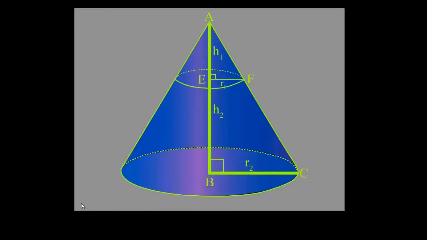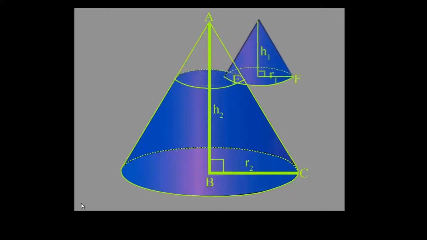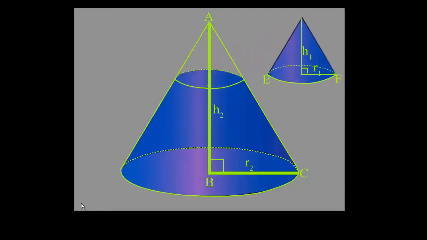So see, for the cone AB is the height h2, radius r2. If you cut this cone parallel to its base, then you will get one more cone. You can say it is a newly formed small cone. For that cone, radius is r1 and height is h1, right? And this remaining part is known as the frustum of the cone.